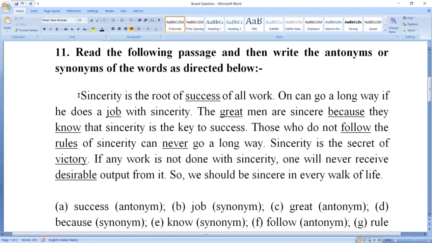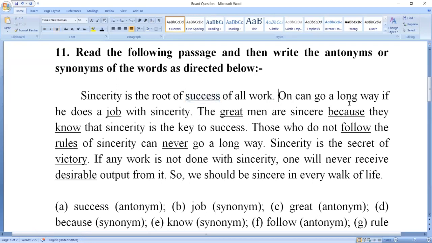Okay, sincerity is the root of success of all work. I think you have understood the meaning of success. Success means achievement or victory or attainment, that what you wish you have already attained or earned.